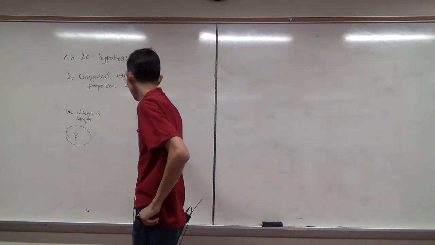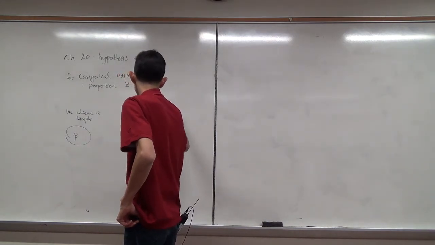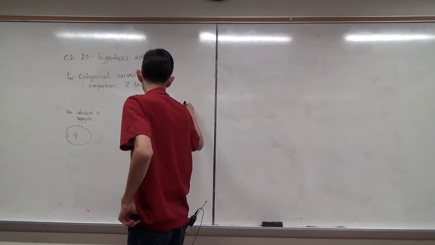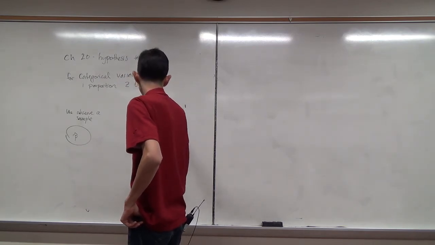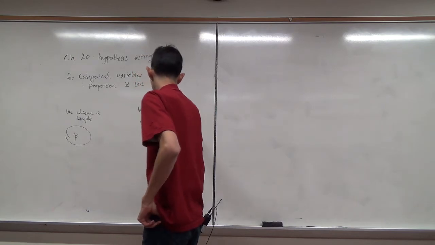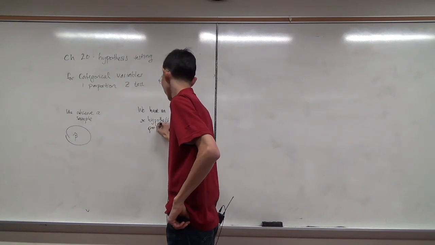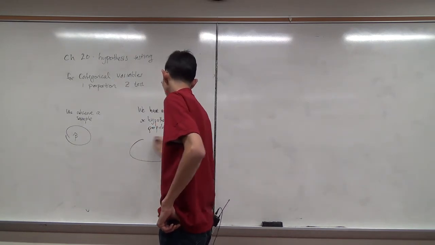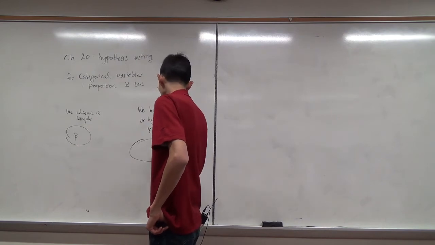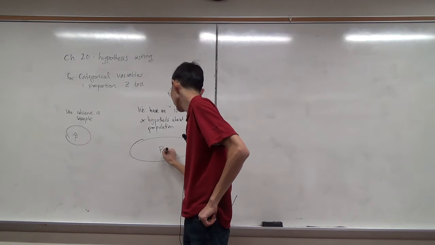Meanwhile, we have an idea, or hypothesis, about the population. Here's a population, and we think that the population has some proportion p0.